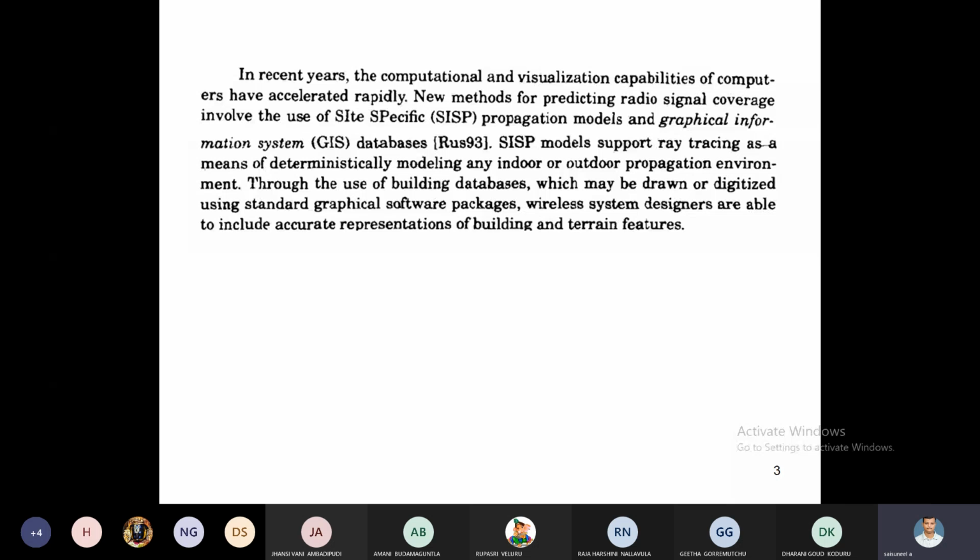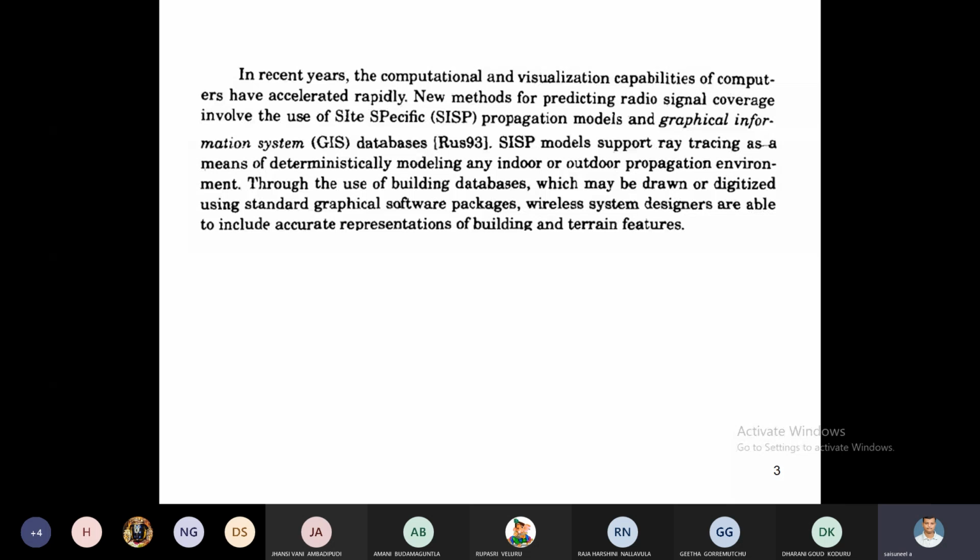Computational and visualization software packages are available for this. In wireless communications and networks and cellular mobile communications, the tools are the site specific propagation model, SISP, and graphical information system, GIS, databases, which are available to predict the radio signal coverage.